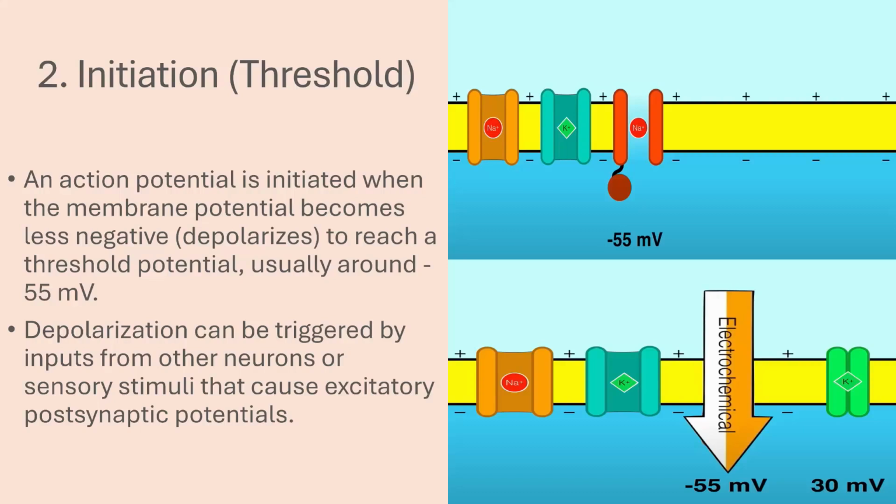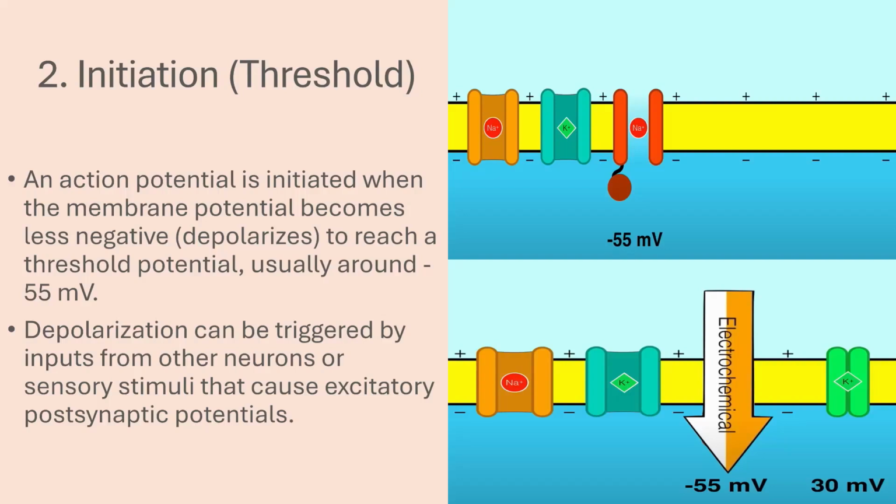An action potential is initiated when the membrane potential becomes less negative, is being depolarized, to reach a threshold potential, usually around -55 millivolts.